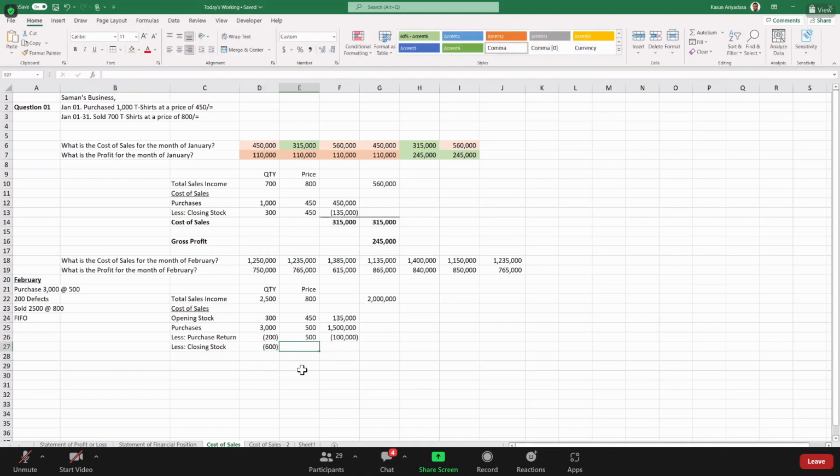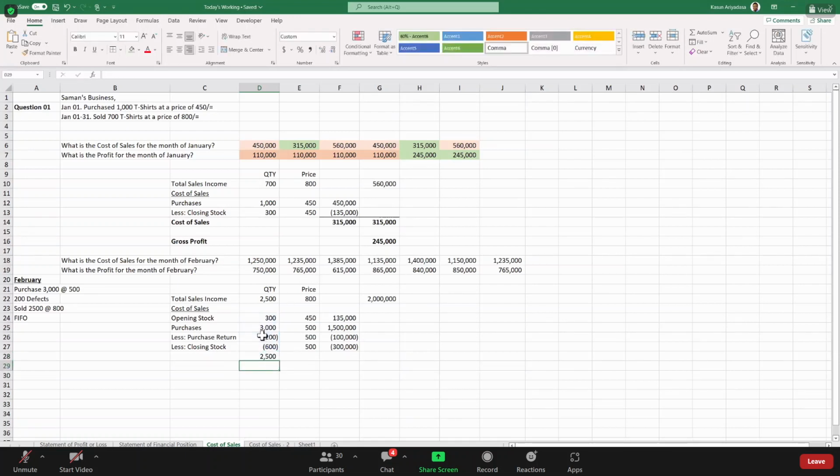And the value of that stock is, one stock is 500. So total value of that stock is 300. Now you can see 2,500 is the quantity sold, and if we take the quantity here, let's take a summation here.